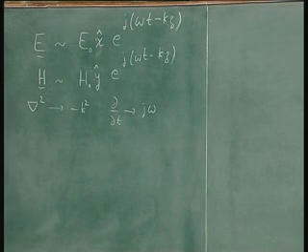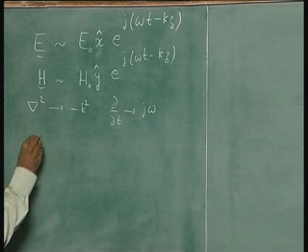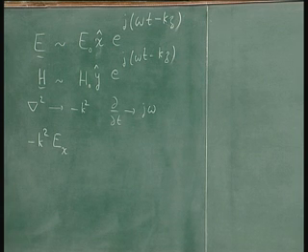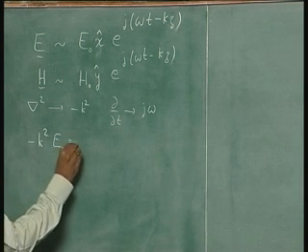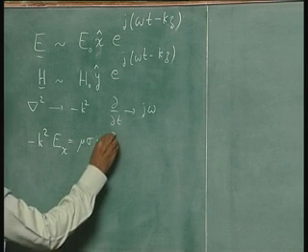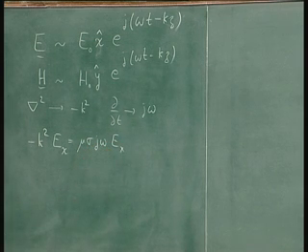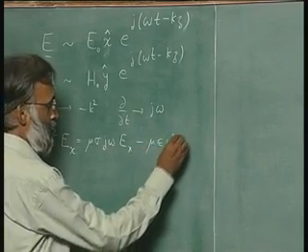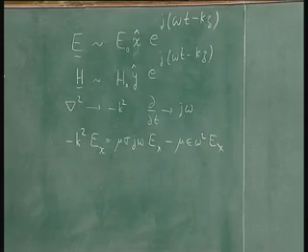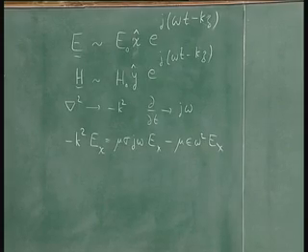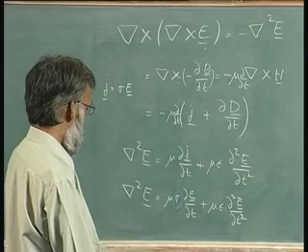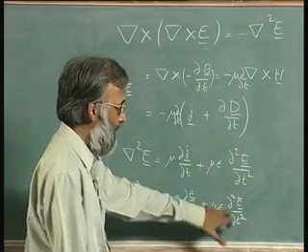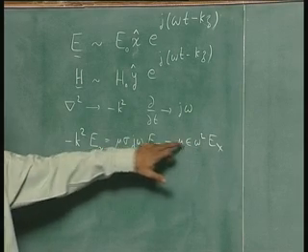So, substituting all that into my wave equation, I get minus k squared Ex is equal to mu sigma j omega Ex minus mu epsilon omega squared Ex, because if you look back at this equation, del squared became minus k squared, del t became j omega, and del squared del t squared became minus omega squared.